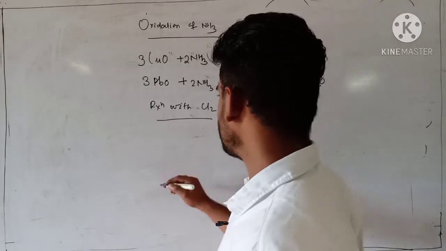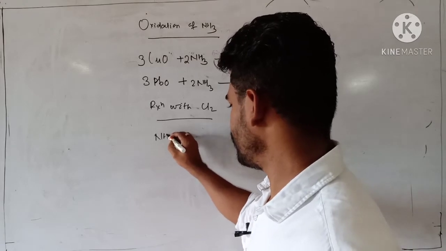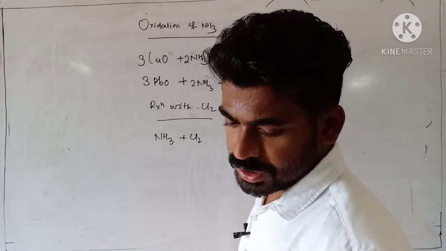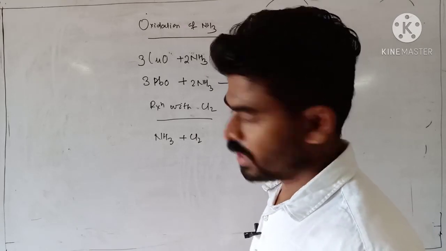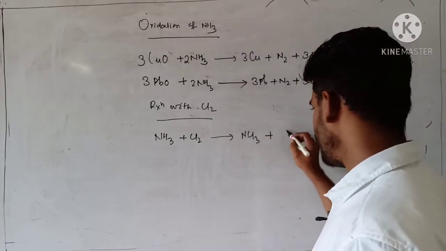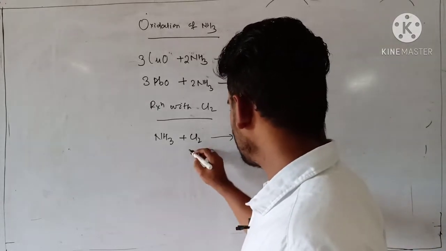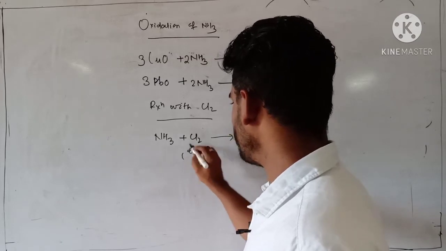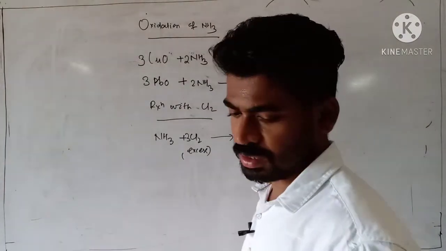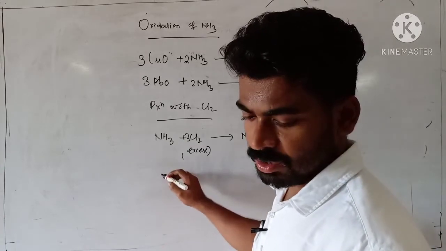Reaction with chlorine: NH3 plus Cl2 will form NCl3 plus HCl. Here chlorine is present in excess, so 3Cl2 gives 3HCl. Is that clear? Clear.